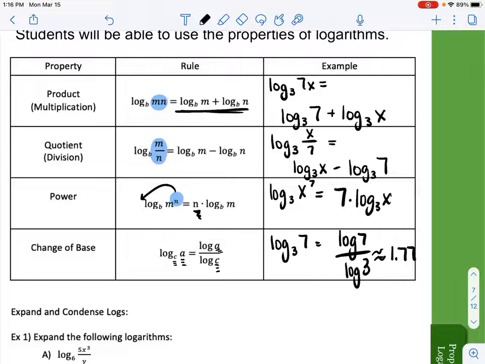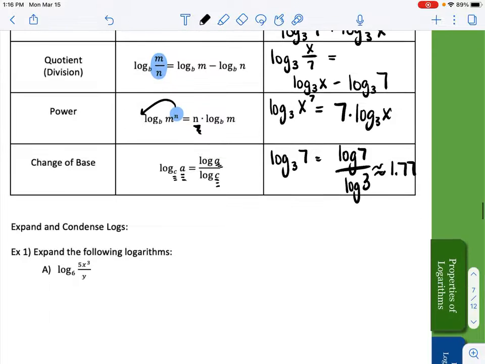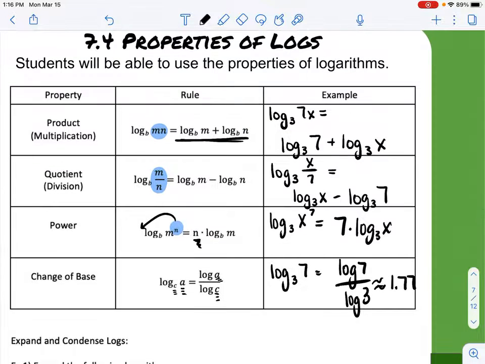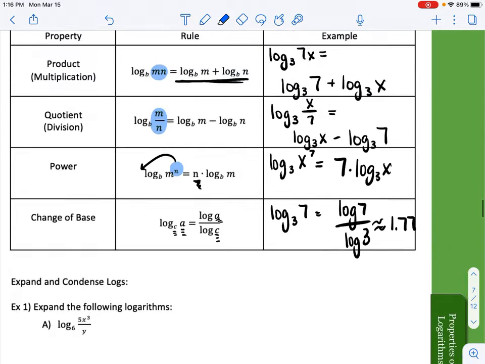Okay, so we are going to work on expanding as we did here, and then we will condense, which is working backwards, okay? So, first of all, decide what you have to work with. So I first notice this division.